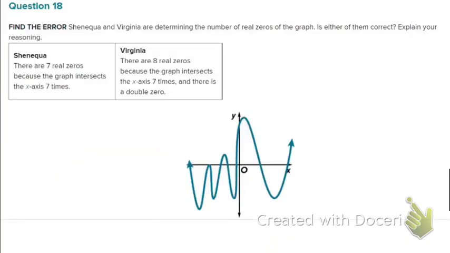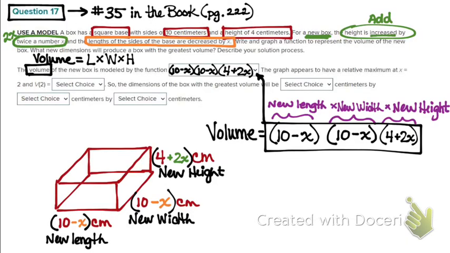Let's go back here. The graph appears to have a relative maximum at x equals 2. So when we substituted in 2, we got what back? What was the y value that we got as output? Just a moment ago, I had you do it on your calculator. 512.